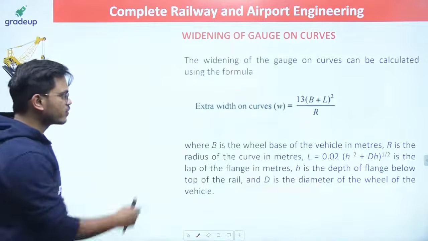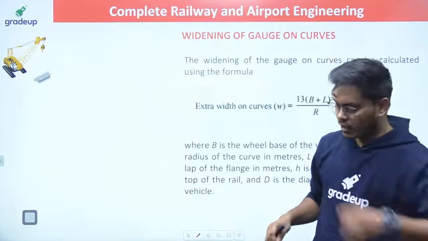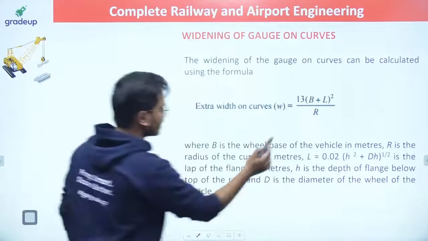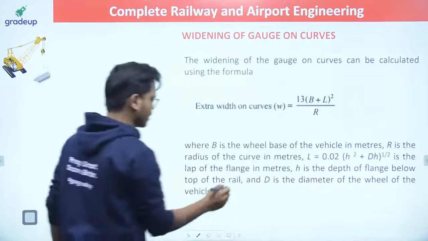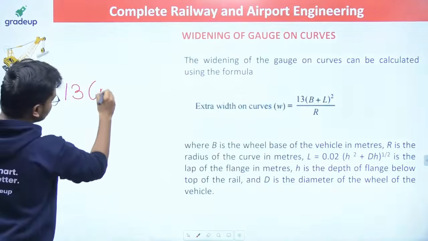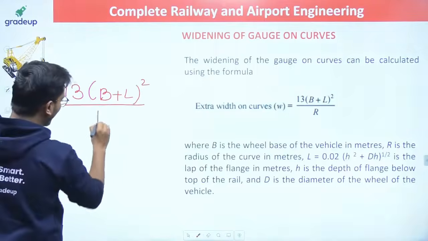Okay guys, so extra widening also we provide on the curve. Understand how to solve this extra widening. The direct formula we have is 13 times b plus l whole square, divided by R. After this we are going to discuss airport engineering.